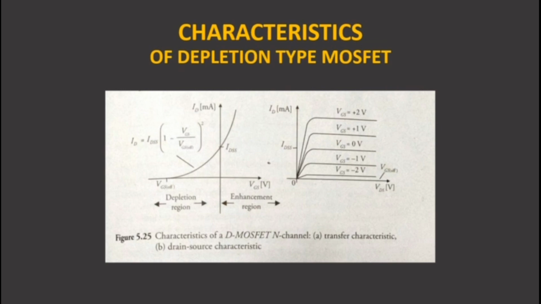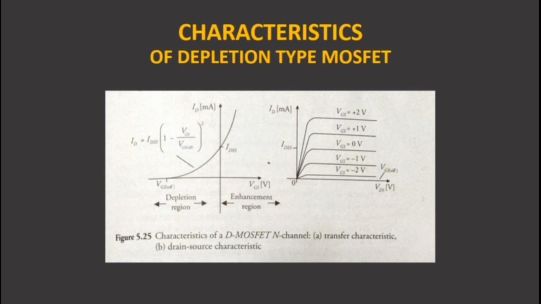Negative voltage at the gate will push the free electrons, which are the majority carriers, in the N channel and pull the holes from the P substrate. Recombination will occur and cause the number of free electrons in the N channel to decrease. Thus, the conductivity of the channel is reduced and the channel resistance increases. Consequently, the flow of ID decreases.